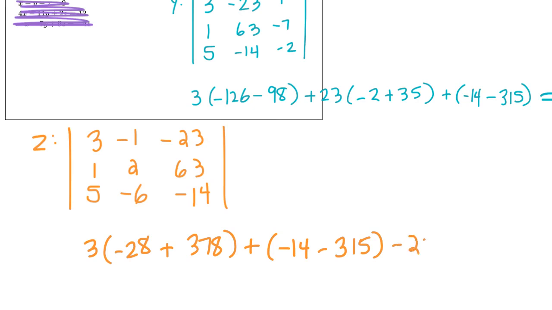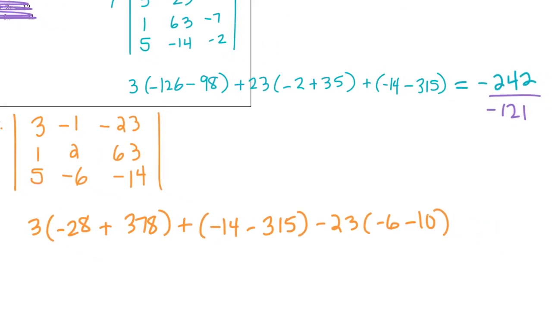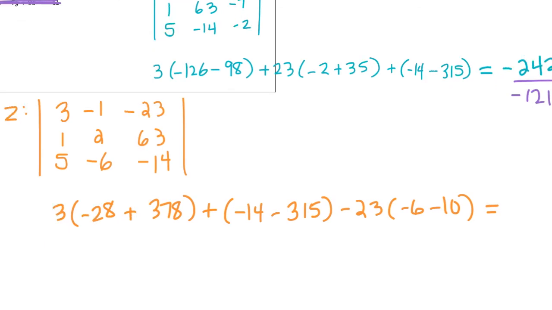So minus 23 times negative 6 minus 10. Now let's just find the total of this entire expression here. This would give me 1089.